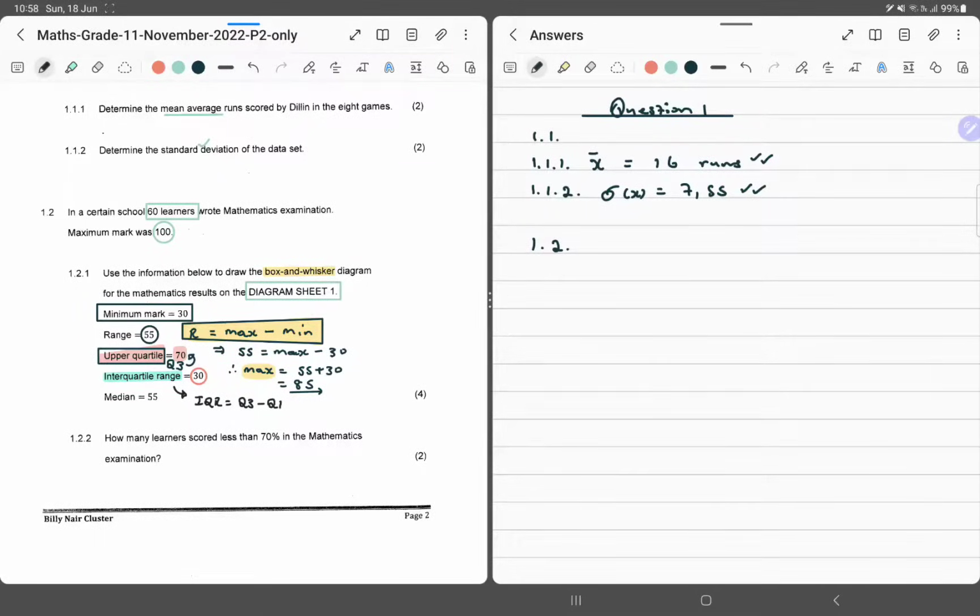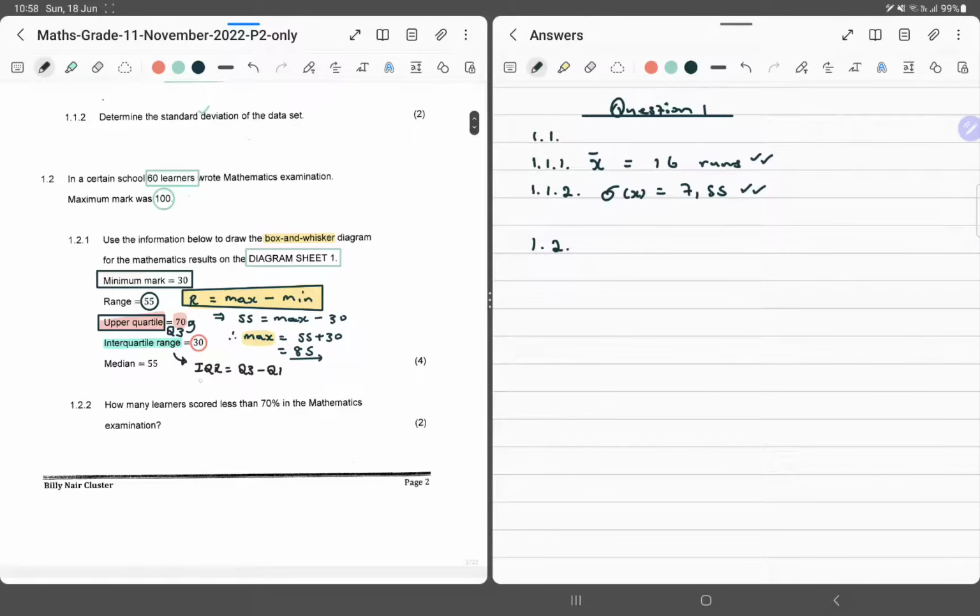That's what we want. So this one tells us that 30 is equal to Q3, which we were told is 70, minus Q1, and Q1 is what we want. So this implies that Q1 is basically 70 minus 30, which is going to be equal to 40.